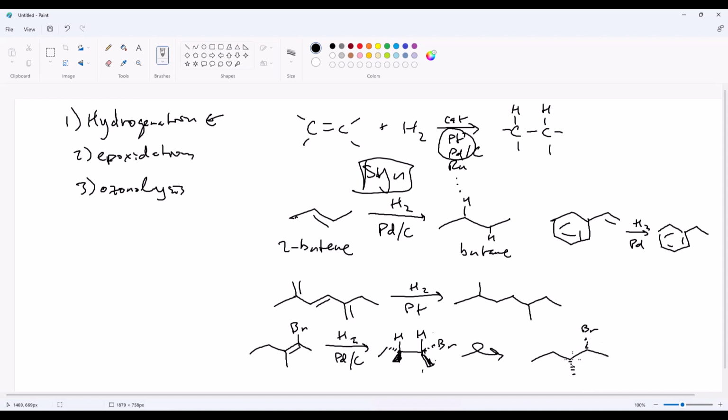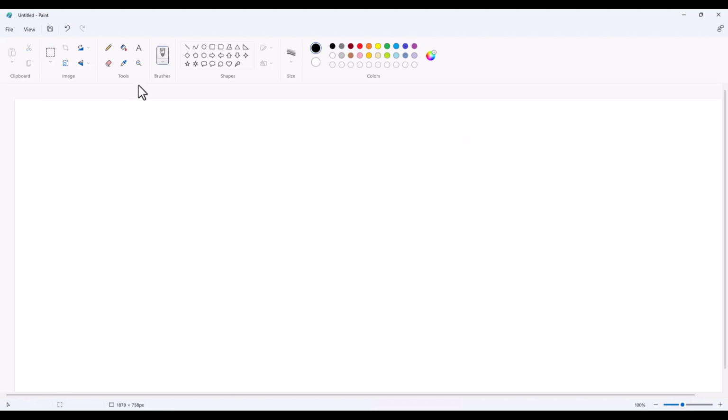So you can see that there's an H that's been added here, and there's an H that's been added here. So it's a syn addition of H2 across a double bond. And that really only matters when there's stereochemistry involved, but it will be on the same side of the double bond. So hydrogenation, very powerful reducing agent.